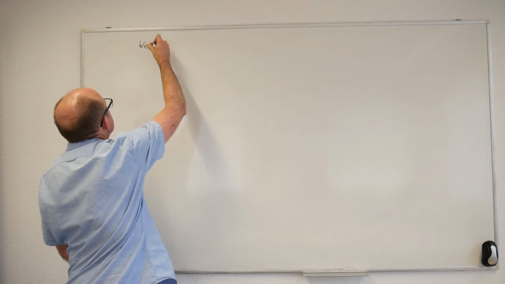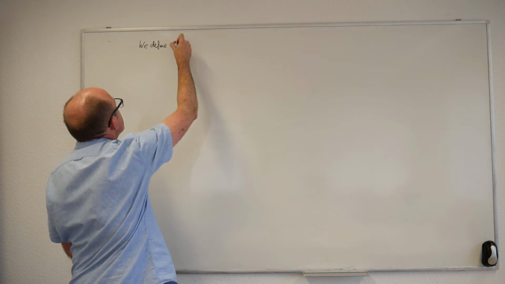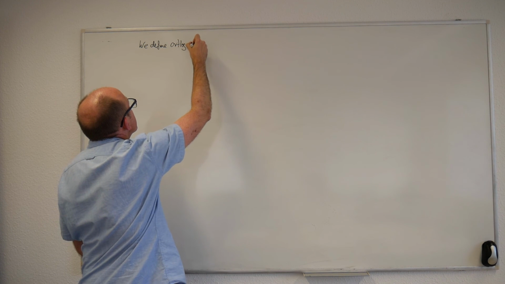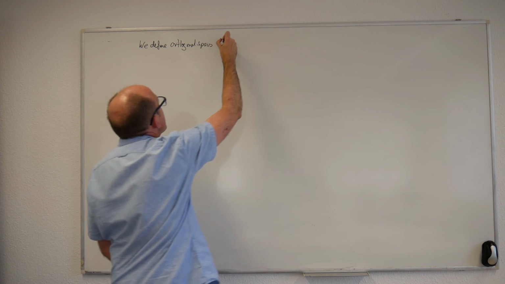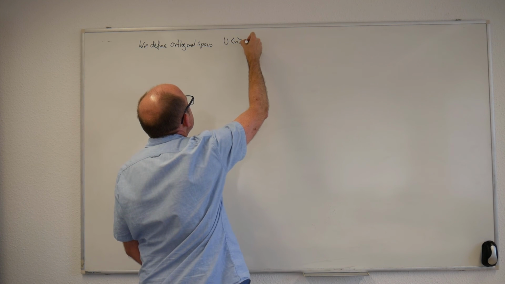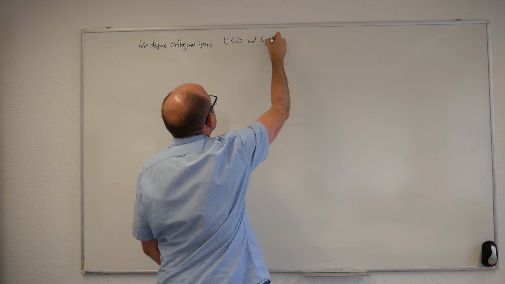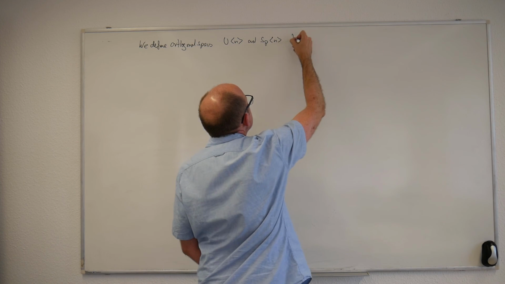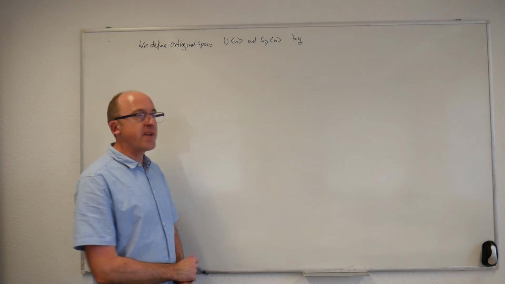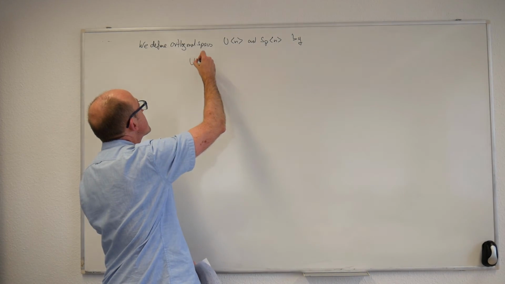We define two more orthogonal spaces. One I call U⟨n⟩, and the other one I call SP⟨n⟩, as the orthogonal spaces with the following values.